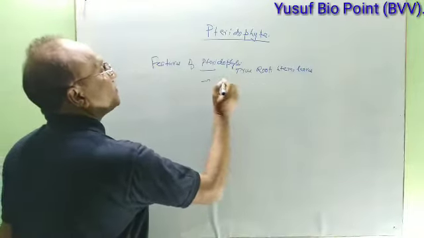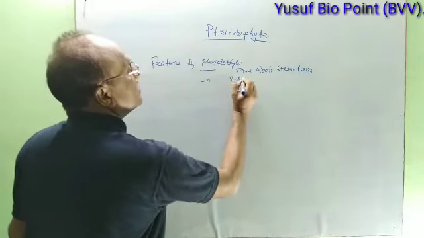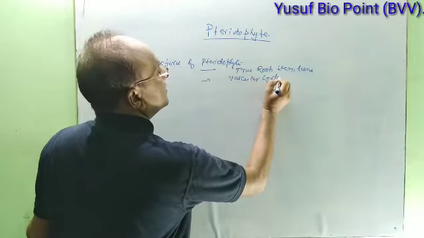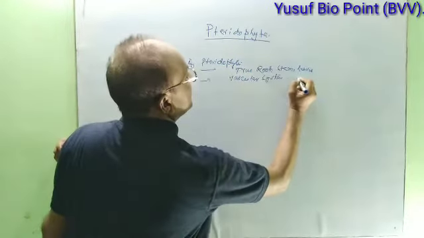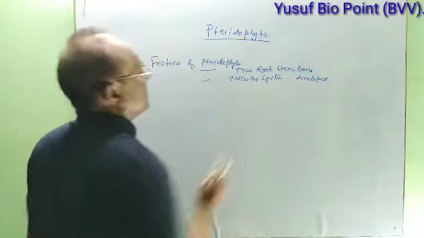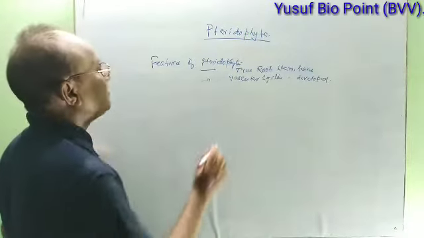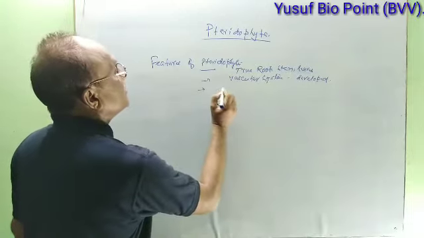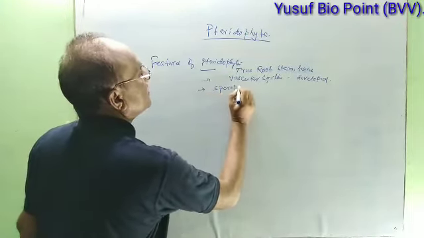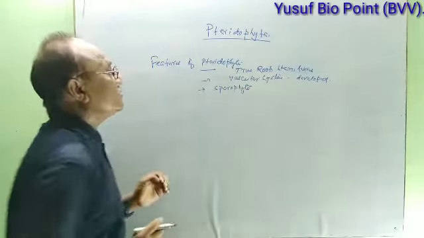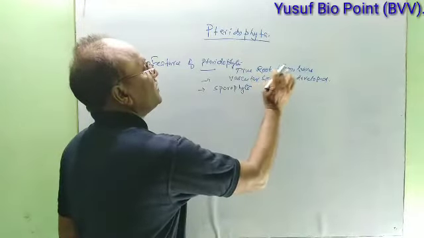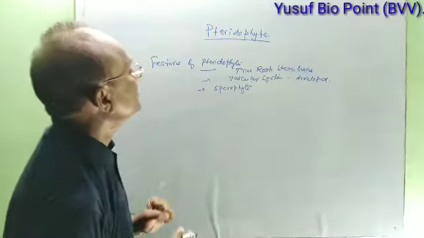Next one, the vascular system is well developed. Next one, the dominant stage is the sporophyte, which contains all the root, stem, and leaves.